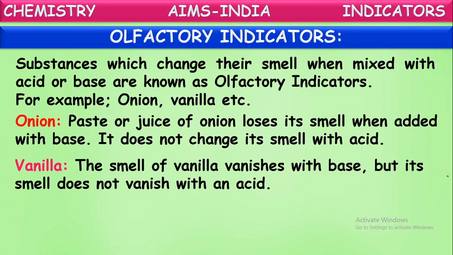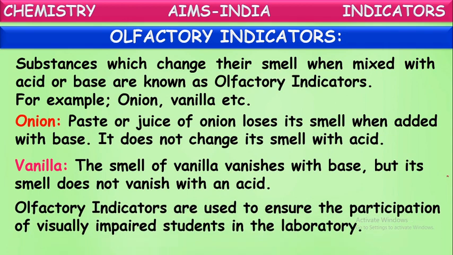Yes, vanilla also has some smell. It will lose its smell when added with bases. It will have the same smell even after adding acids. In this way, they show a difference in smell when added to bases or acids. So these are called olfactory indicators.